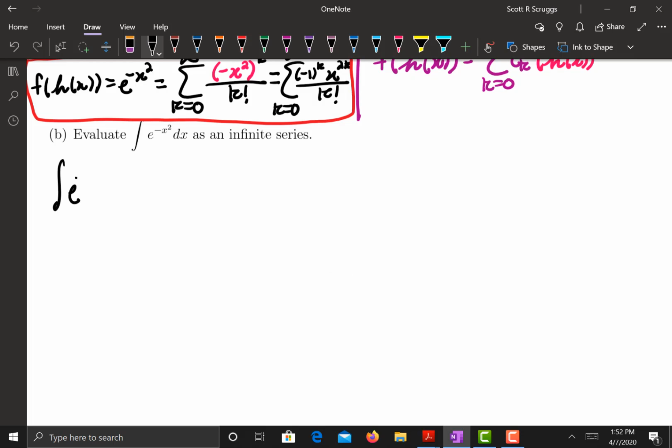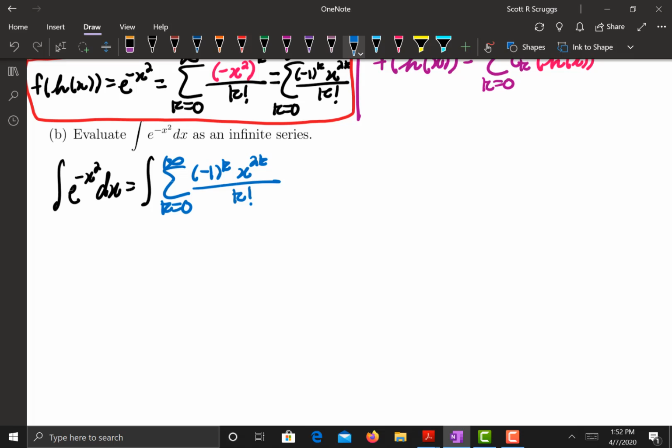So now that I already know its power series, I can rewrite the inside of that integral as the power series representation that we found in part A. And now, because I'm integrating a power series, I'm going to use my property that tells me I can move the integral inside the summation and take the integral term by term.